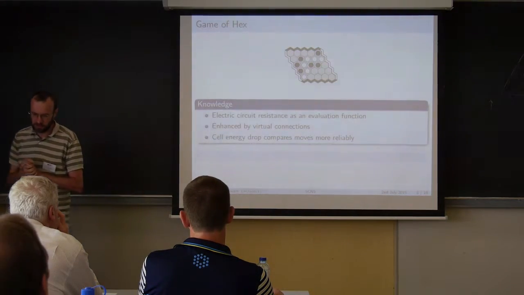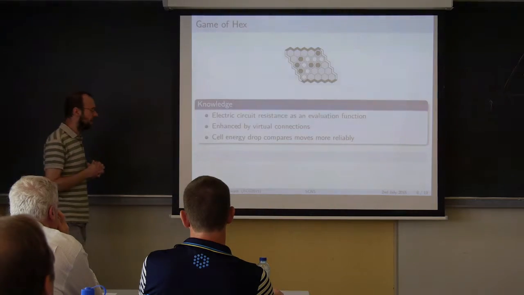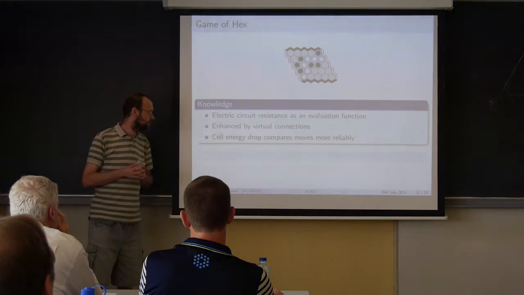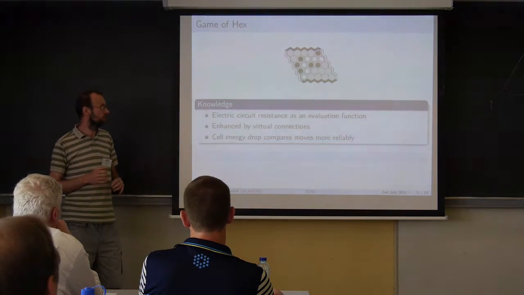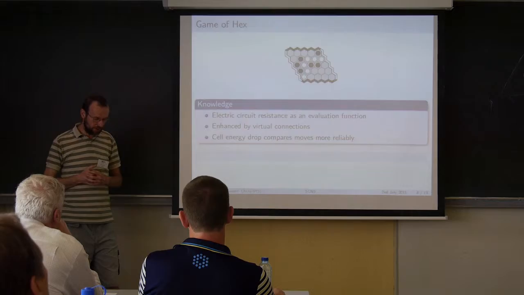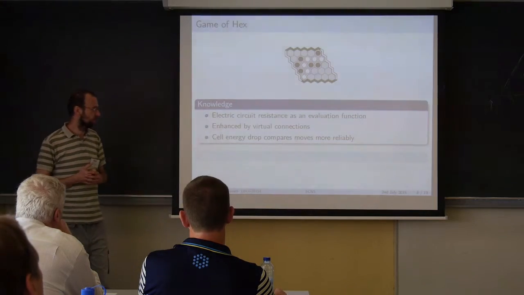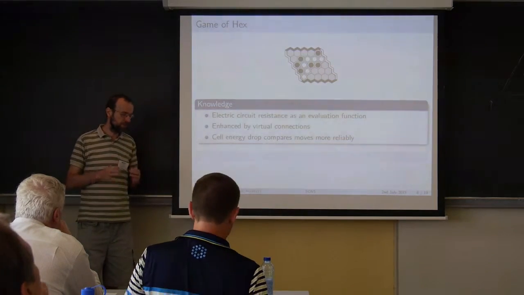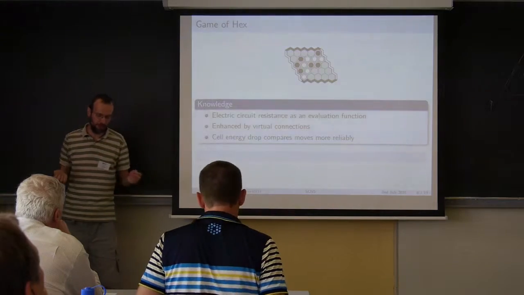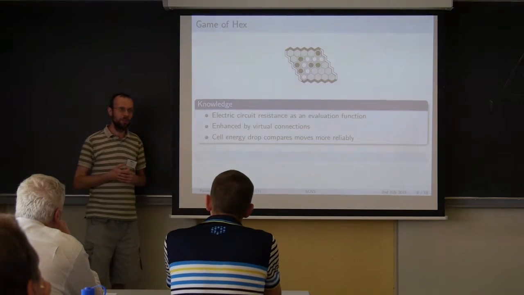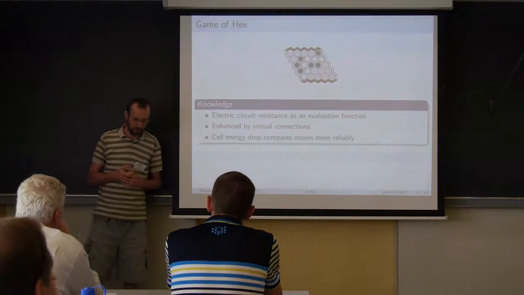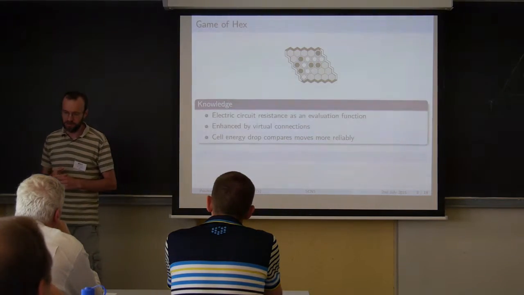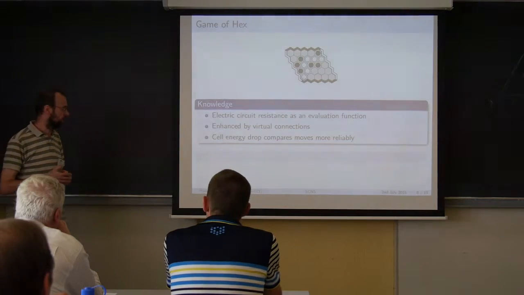But this electric circuit gives us another piece of information. It also computes some cell energy drop in each cell, and that measure compares moves in a given situation very well. It was used in our solver. It makes it very much stronger by sorting moves, and we found it is a very reliable heuristic.